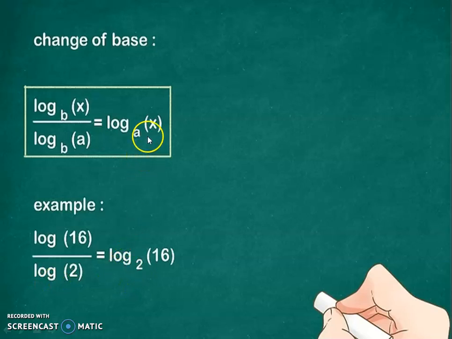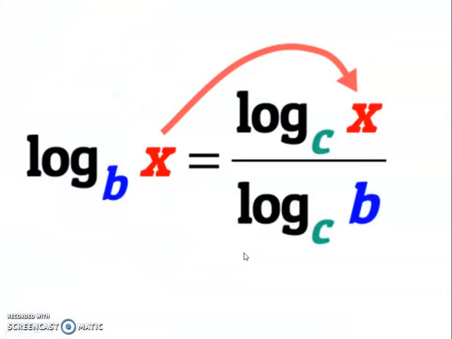So we can convert it to log 16 to the base 2. For better understanding, we use this format: log x to the base b, here x goes to the numerator, b goes to the denominator, and c is any base. You have to simplify.